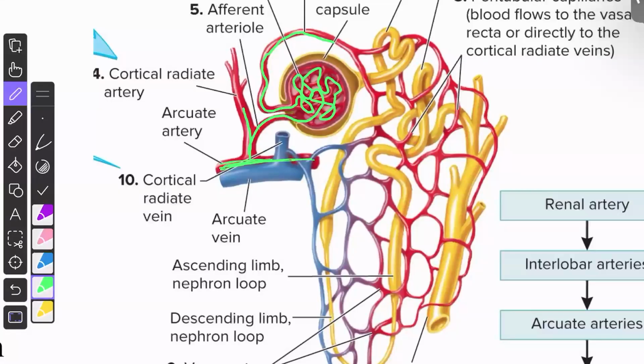Okay. Now, as we follow that efferent arteriole out, we are going to enter another capillary bed. We're going to call these the peritubular capillaries. And you see how they're kind of wrapped around, almost meshed around the tubules? Okay.